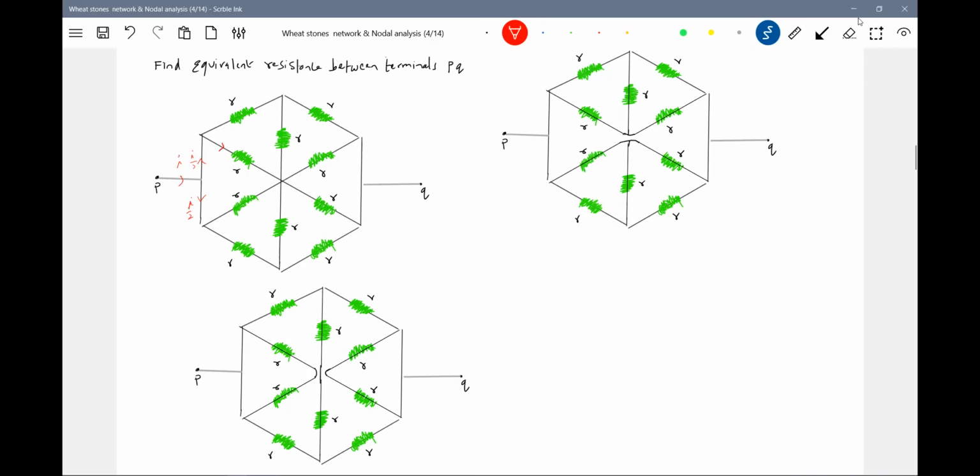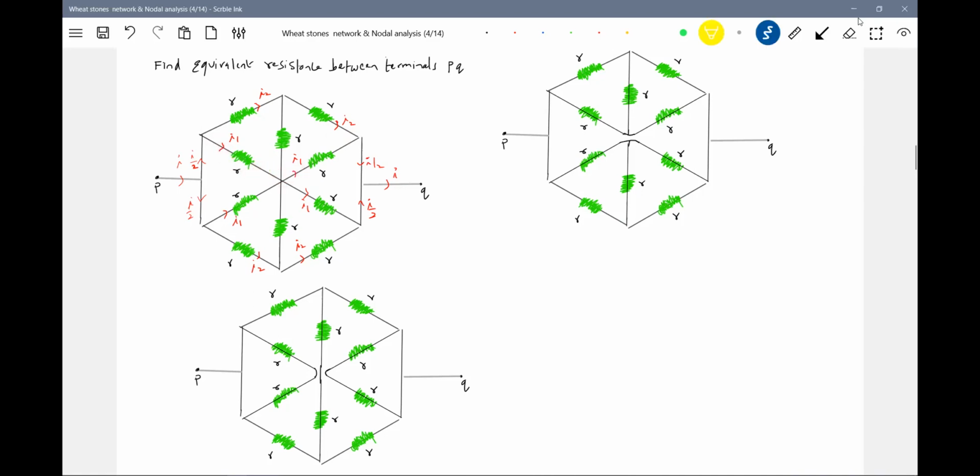This I/2 will branch here into I1 and I2. Look now, the current here is I/2, which will branch out further into I1 and I2. But this one, the current here, will not branch. You can see that this current will flow like this.